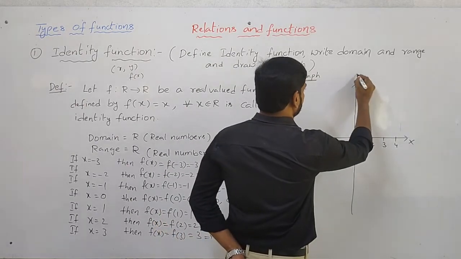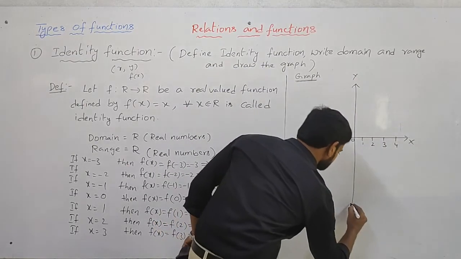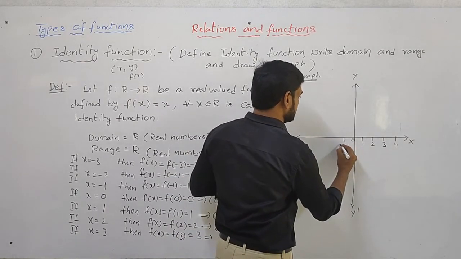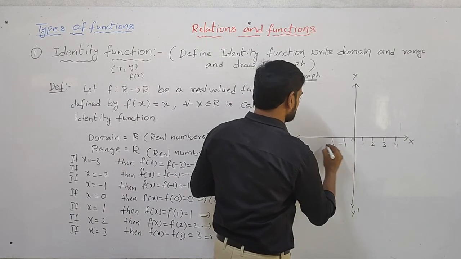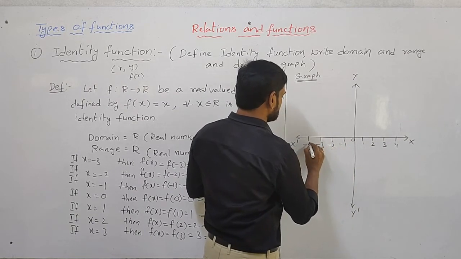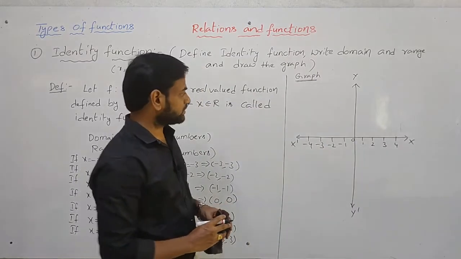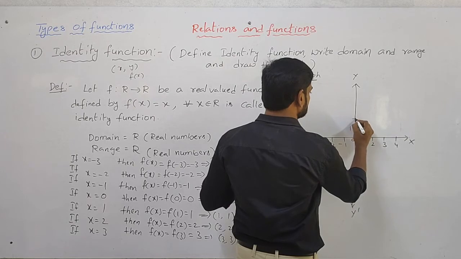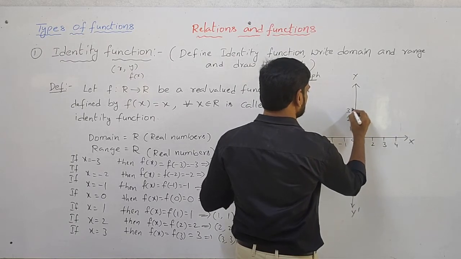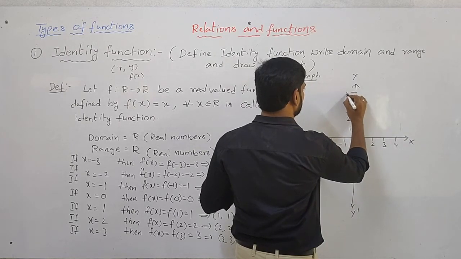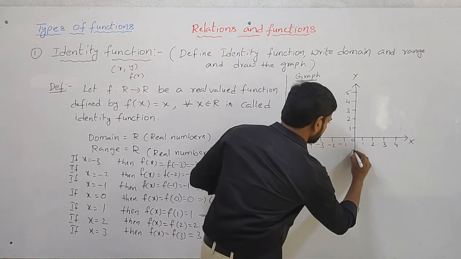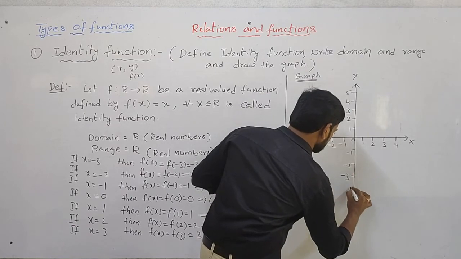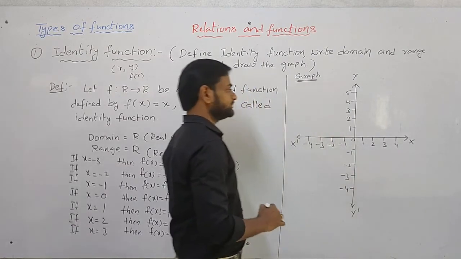This is y, and this is y dash. This side is negative: minus 1, minus 2, minus 3, minus 4. Next, this one is 1, 2, 3, 4, 5. This side is negative: minus 1, minus 2, minus 3, minus 4, like that.